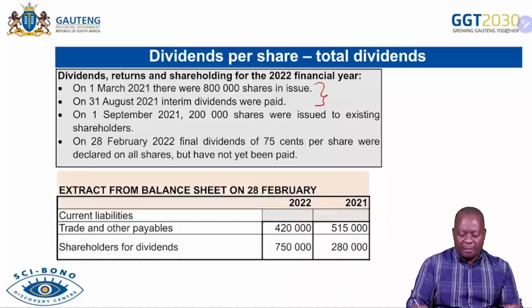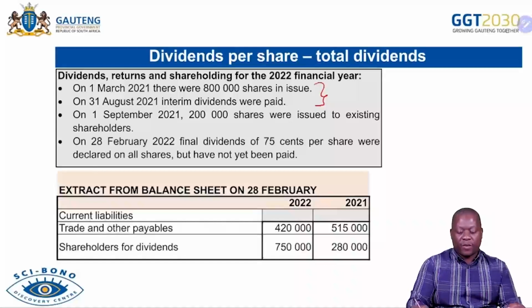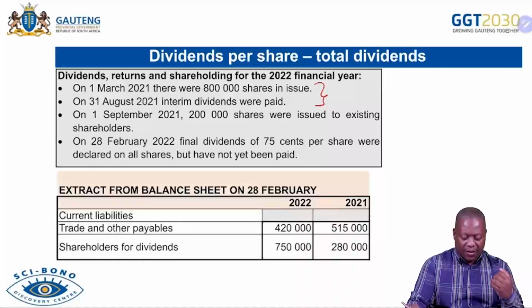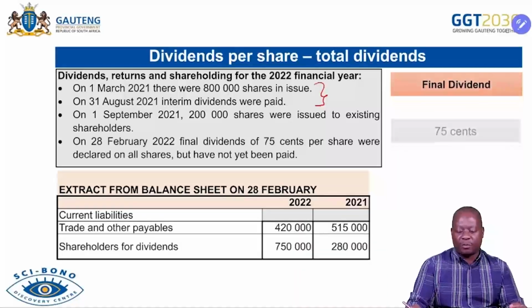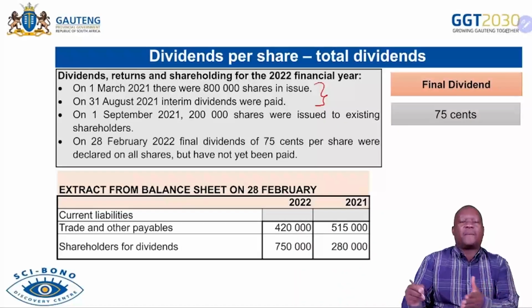Now, remember what we have here. We are given the interim dividend. We still remember we calculated it. In fact, we even found the interim dividends per share. And then we are also given the final dividend, which is simply going to be 75 cents per share.